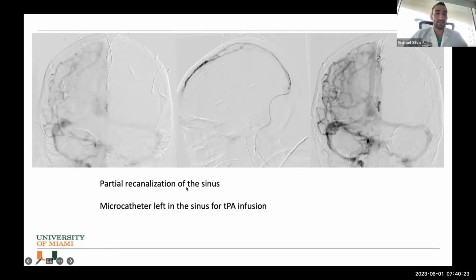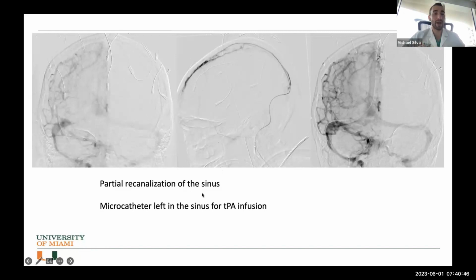In this case, you can see this in the middle image, the microcatheter past the clot and showing obvious thrombosis of the sinus. These are very large veins, obviously, and we really don't have aspiration systems and thrombectomy systems designed for veins this big. And so often with multiple passes, we can at least get some partial recanalization.